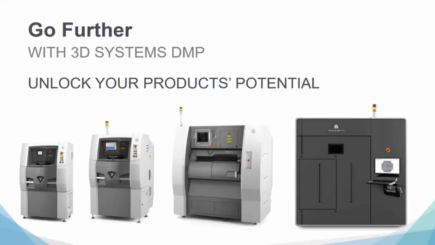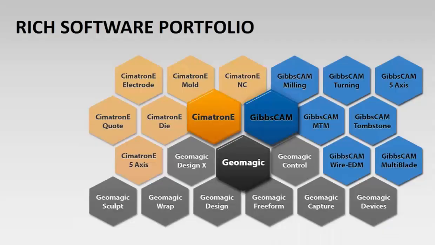Today we're going to feature some of the capabilities of the 3D Systems direct metal printing. It's what makes conformal cooling possible and how we're going to apply that to injection molds. So that's part of the elements or ingredients of what we're going to discuss today. And we're going to feature some of the software available from the 3D Systems product line.